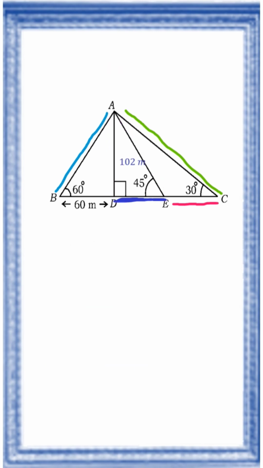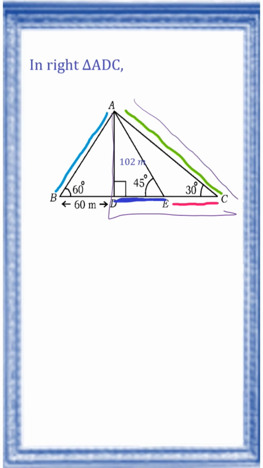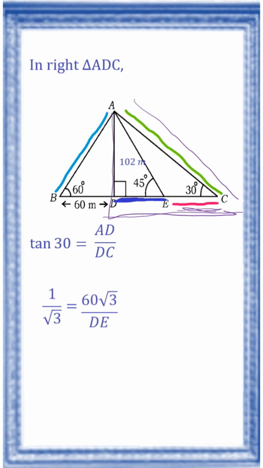Now in the right angle triangle ADC, this one, the bigger one, let us use. We can find DC here. So now we can find EC. How can we find DC? By using the tan ratio, tan 30. AD by DC, AD we know that is 60 root 3 because I have put here root 3. No? If I put 102, again the problem will become cumbersome.